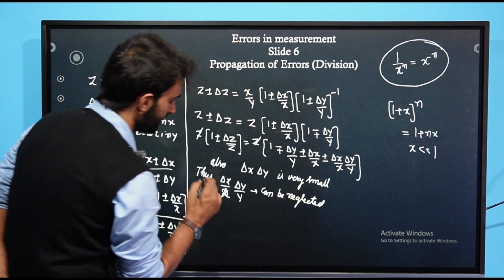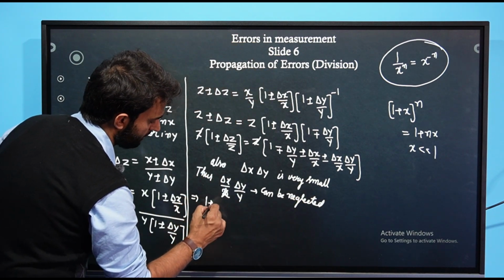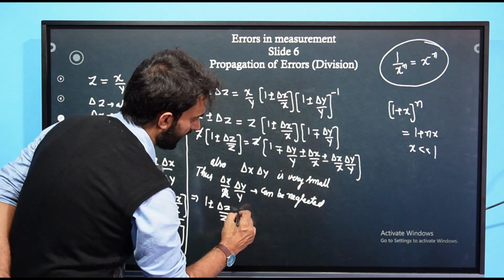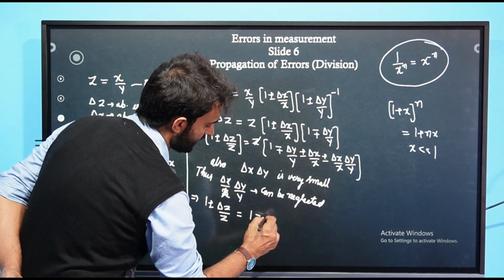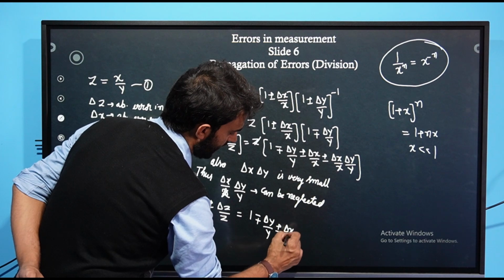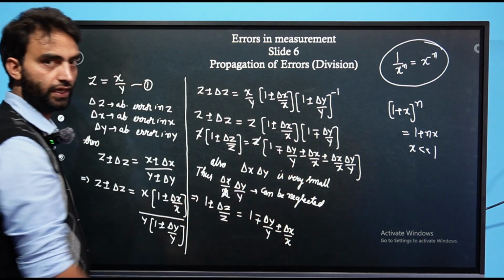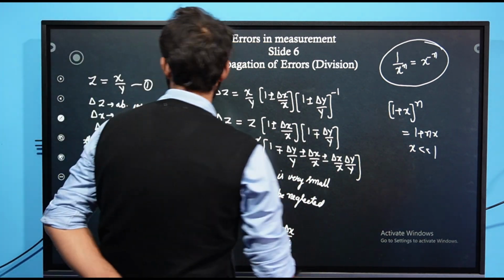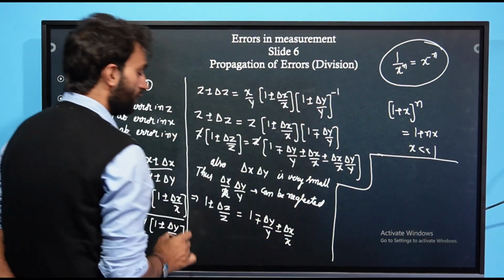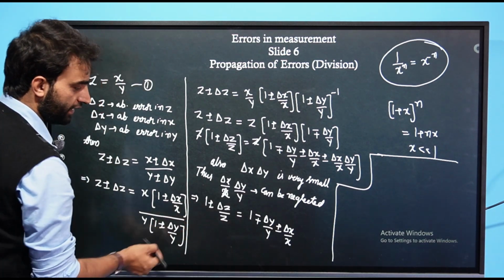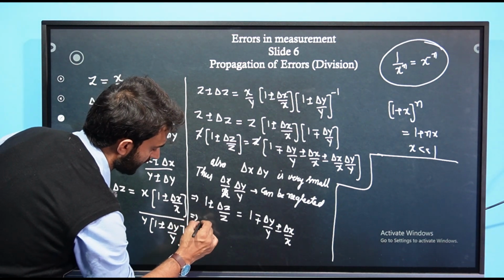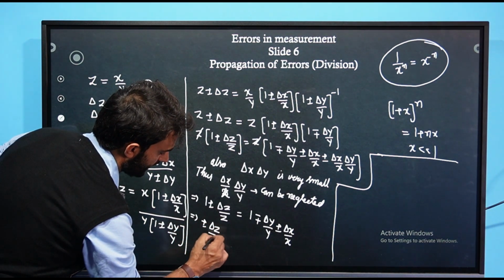Okay, so that means we can write it as 1 plus minus delta z by z, and from this side we can write it as 1 minus plus delta y by y, and then plus minus delta x by x. The other quantity we have neglected. Okay, so if you see here, the 1 here and 1 here, if we take 1 here, it will be subtracted, so that will be 0. So this implies we can write plus minus delta z by z.